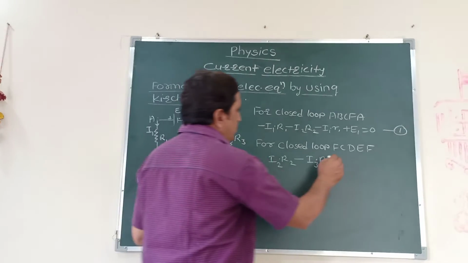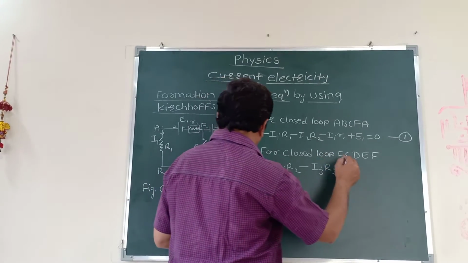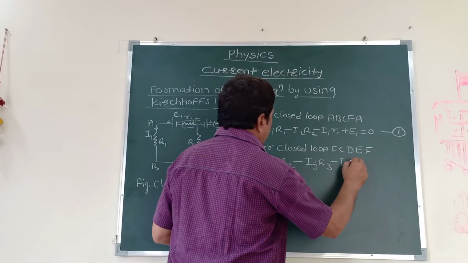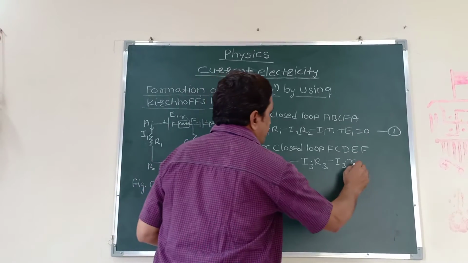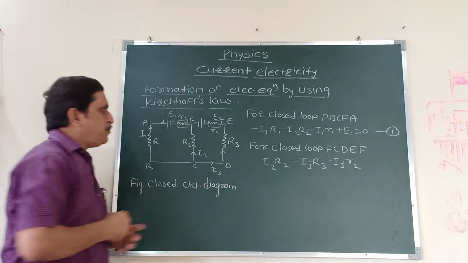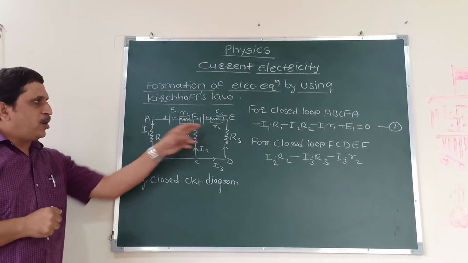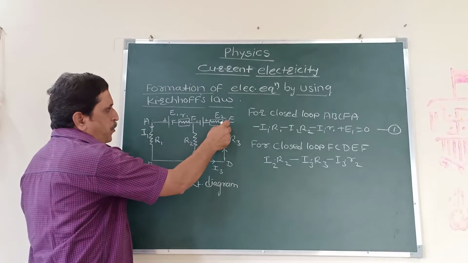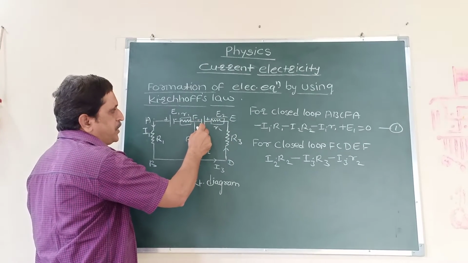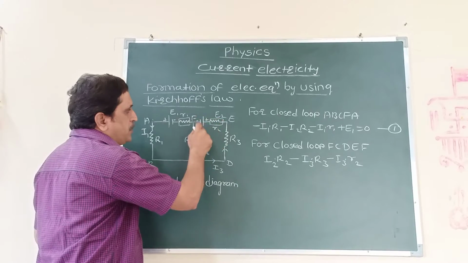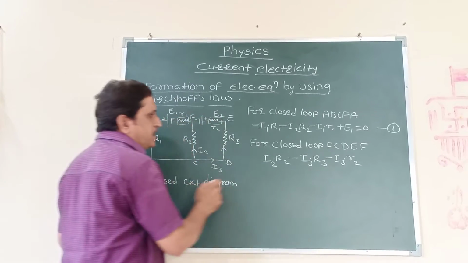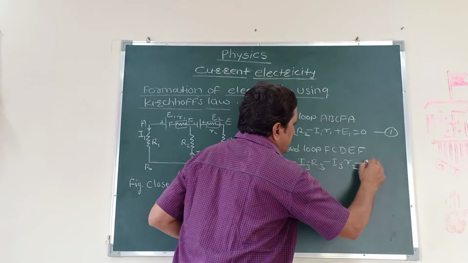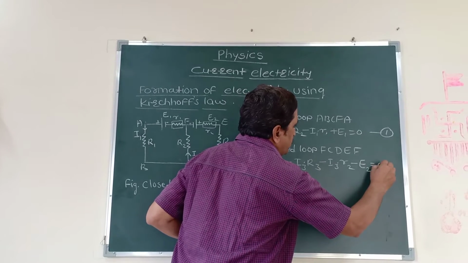Therefore, the product is negative. That means I3 into R2, and here the EMF of this cell is negative because we are moving from point E to F and this cell sends the current from F to E. Therefore, the EMF of this cell is negative. That means minus E2 is equal to 0.